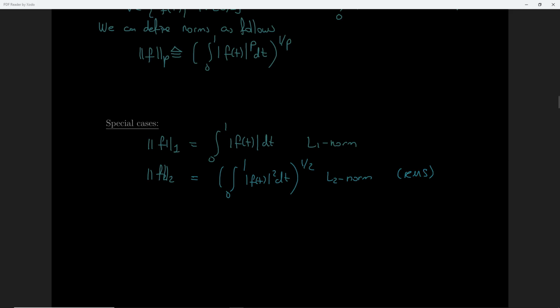For the errors that we use very frequently. And the infinity norm of a function in a similar way can be defined as the maximum of the absolute value of that function in that interval, and that's called the L infinity norm.